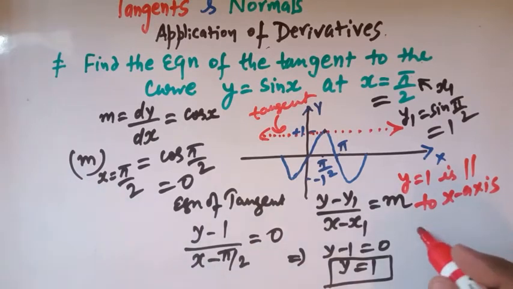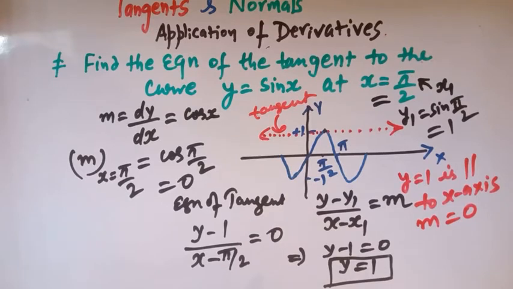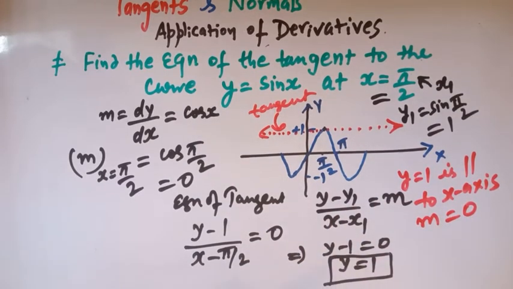Because the slope is 0, and if the slope of a line is 0, then the line is said to be parallel to x-axis. Clear? So this is a very conceptual problem, and here we can also find out the equation of normal. This is the tangent. Clear? So this is the tangent line.